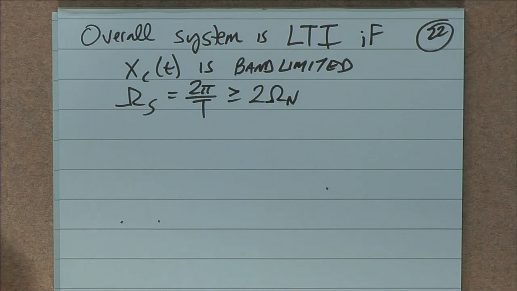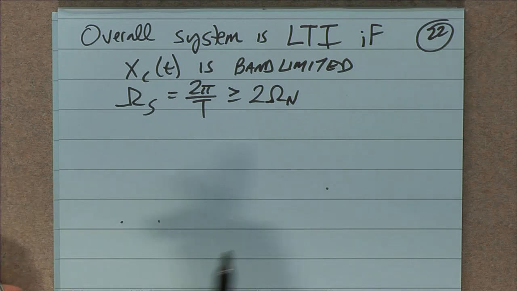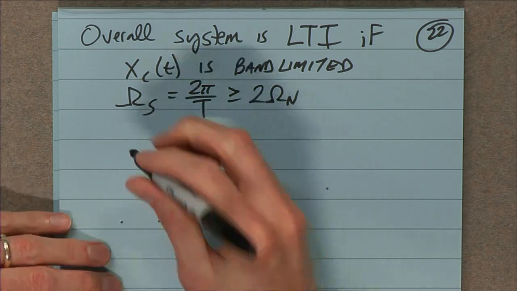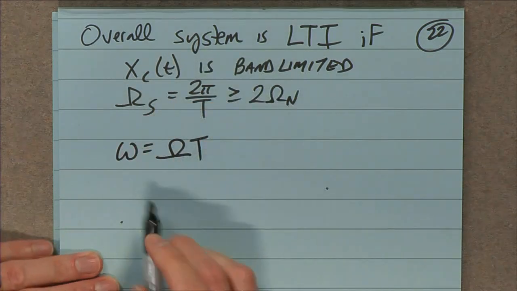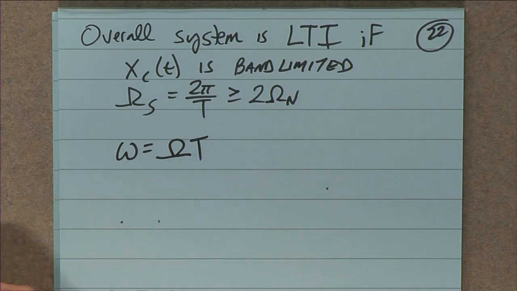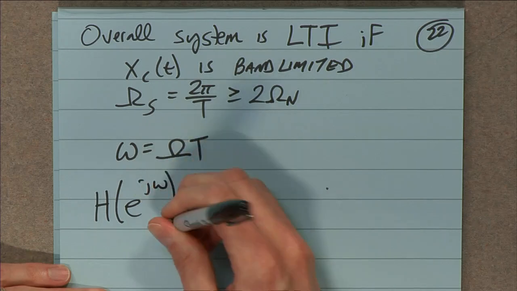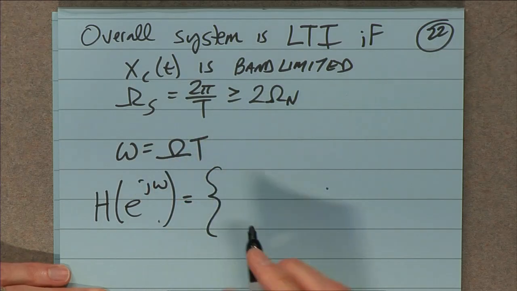So the first thing to do is to take a look at this H(e^jω) and see how do we relate it back to the effective filter. So our favorite scaling function, small omega equals capital omega times T, means we can basically make this be a scaled version of the other filter.